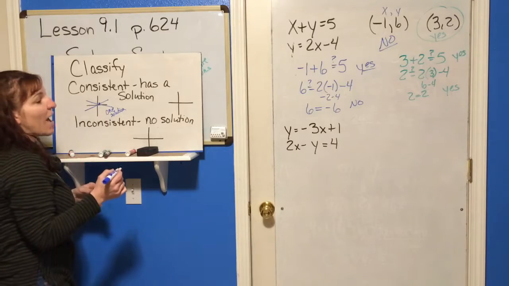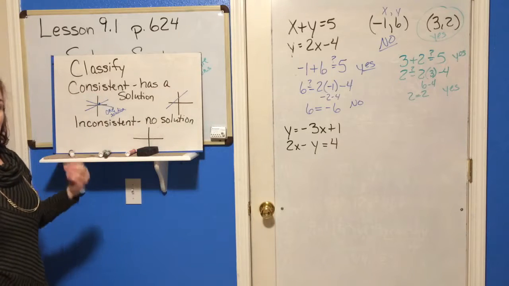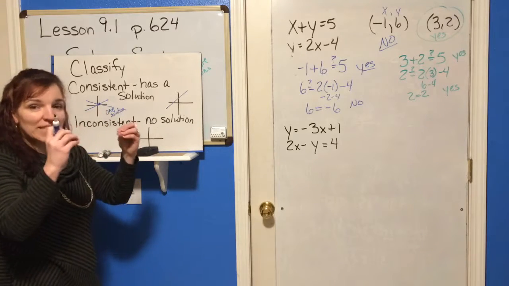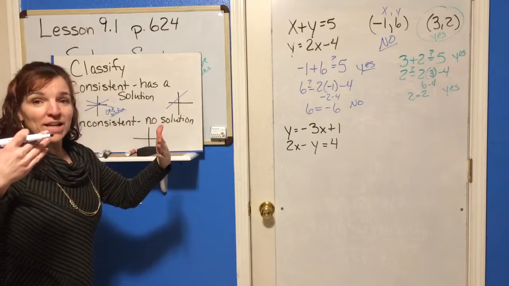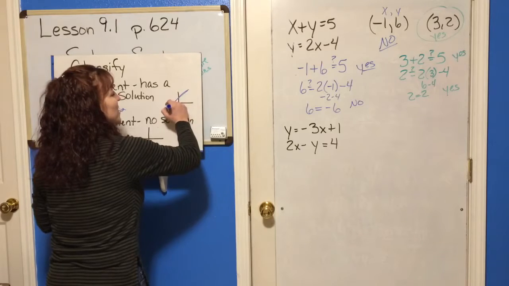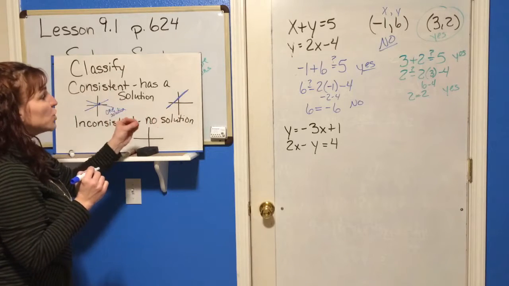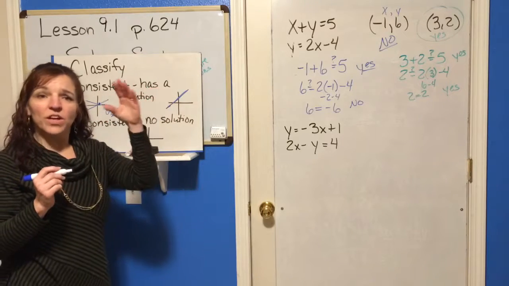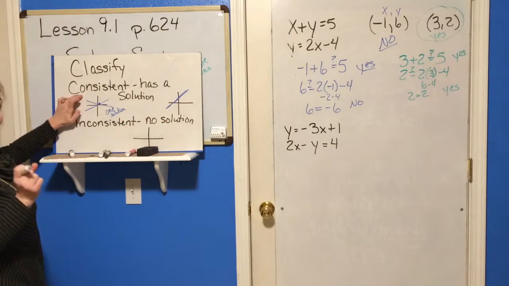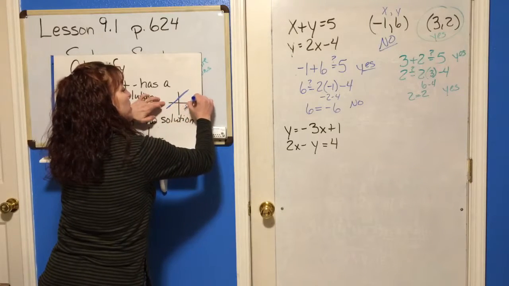You could also have a graph where the first equation is this one, and then if you graph the second equation, sometimes even if it looks different, maybe it's just multiplied by something, you actually get the same line. And this isn't a curvy line, this really is a straight line. So if two equations are exactly the same line, then it's still a consistent graph. And in this case, you have infinite solutions. I-N-F-I-N-I-T-E, solutions.